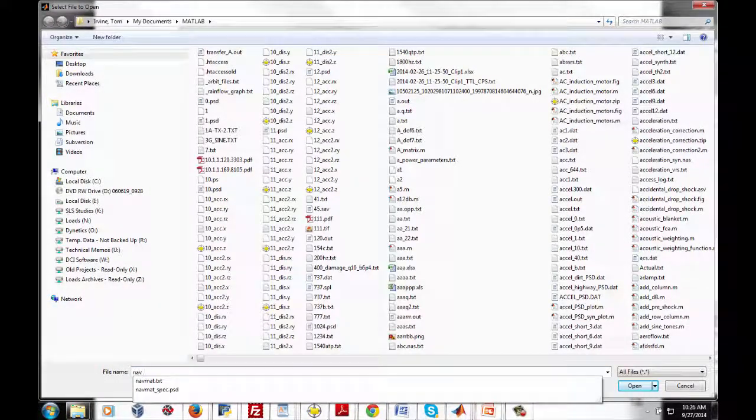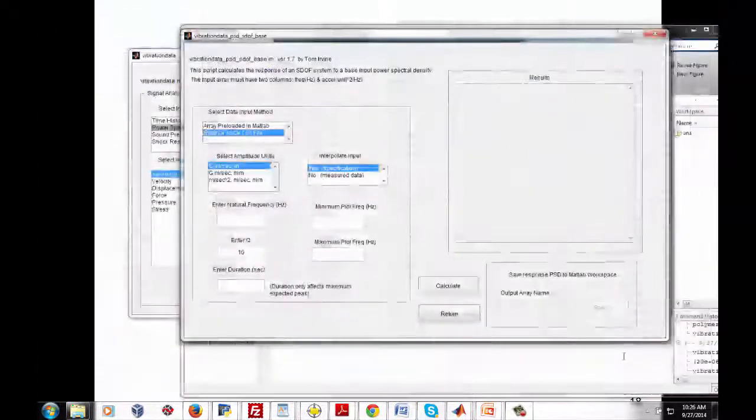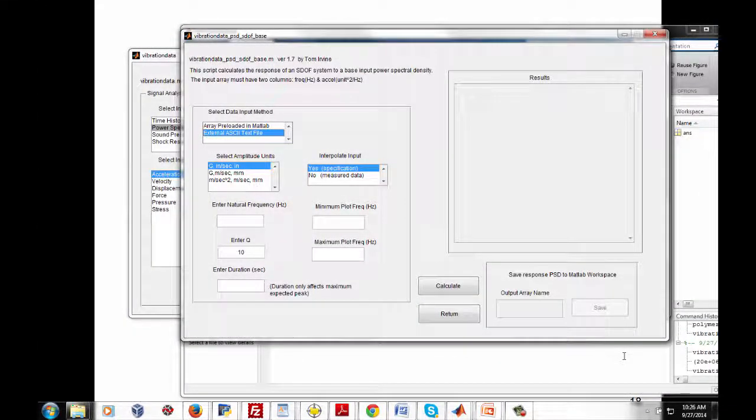We've worked with this NavMat spec several different times. And this NavMat spec actually has a plateau that is 0.04 g squared per hertz. So that can tie in nicely with the exercise we've already been working on today.